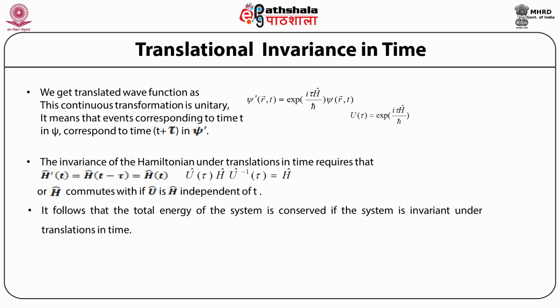So students, now let us summarize what all we have learnt in this module. We started with the definition of symmetry of a physical law, and then we came to know of different types of symmetries in quantum mechanics.